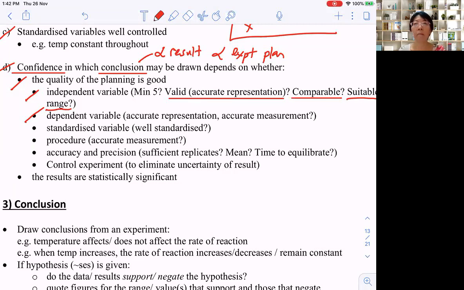Does the distance moved by the water in the photometer represent total water transpired? Okay, so you need to know how accurately your dependent variable represents what you want to measure.